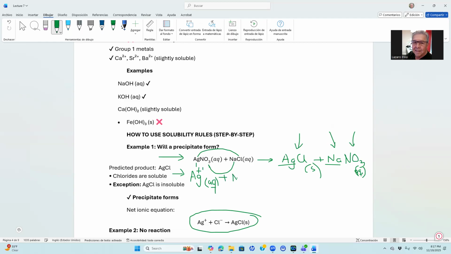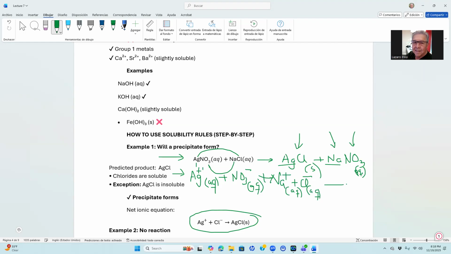And NO3 negative in aqueous solution, and also silver, sodium, and also you have the anion chloride that is also in solution.